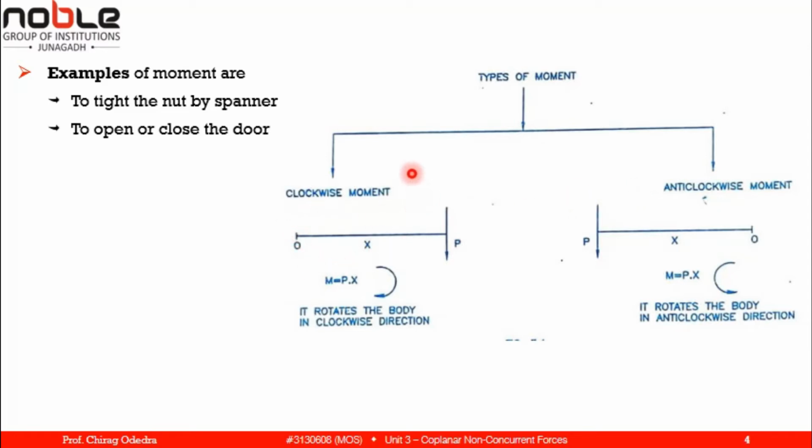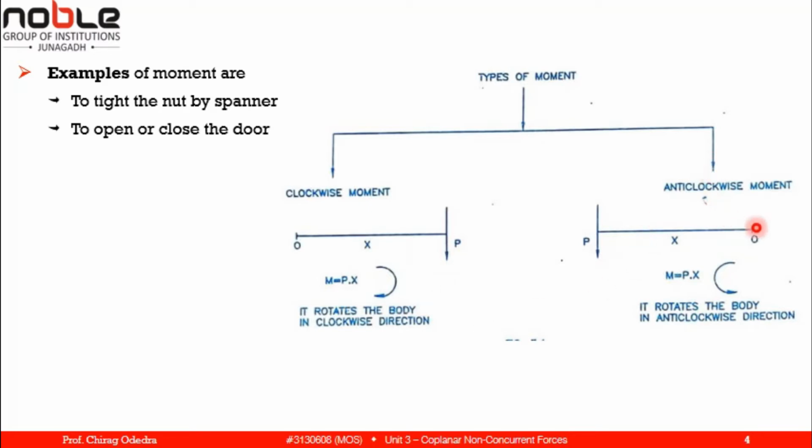If we are talking about clockwise movement, let's just take a point O where we have to find the moment due to force P on point O. So this force P rotates the whole body in direction of clock. So this is called clockwise movement.